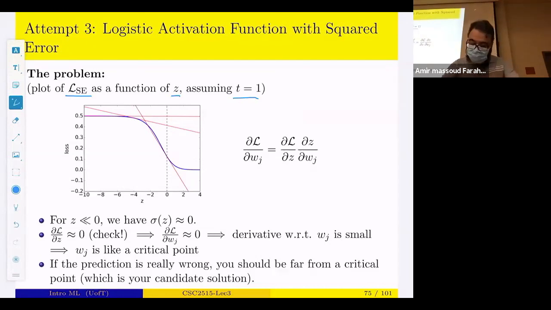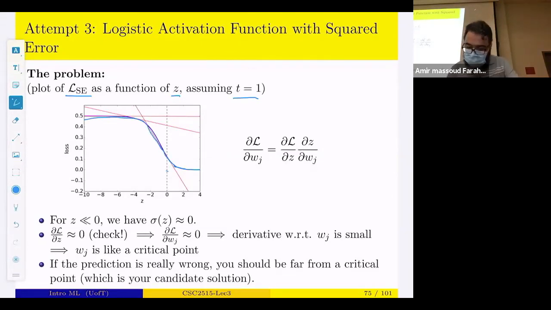Yes, exactly. We prefer positive z's. So when z is large, the loss should be small. If we calculate it, the loss function looks like this blue curve.